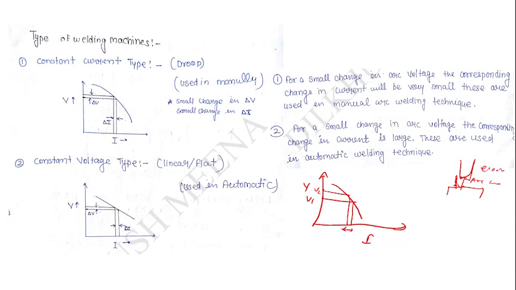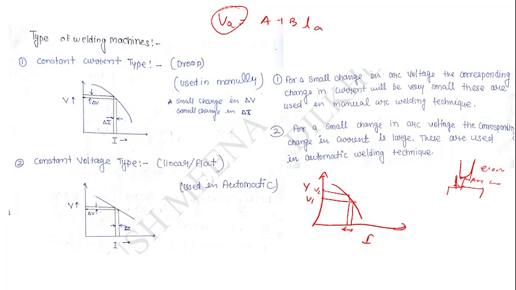We have seen that arc length has a linear relationship with your voltage, so if your arc length is changing continuously, your voltage will also be changing continuously.